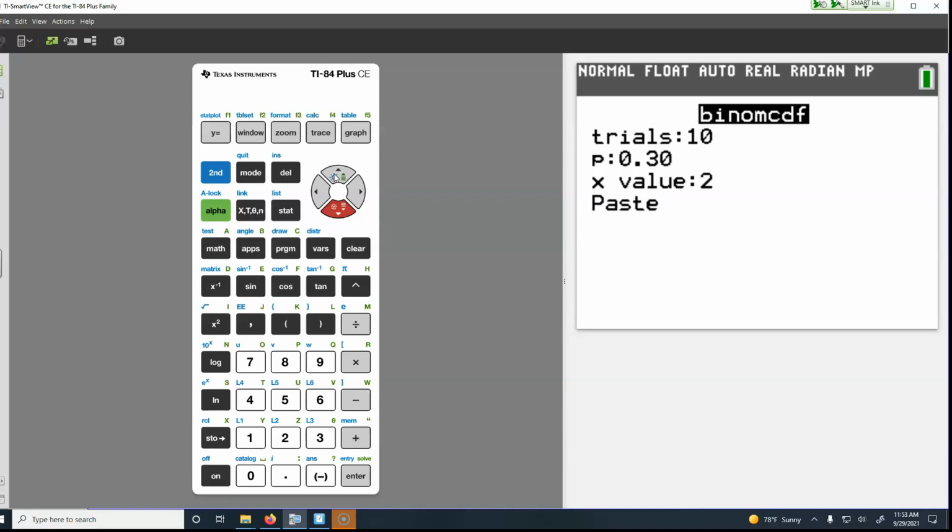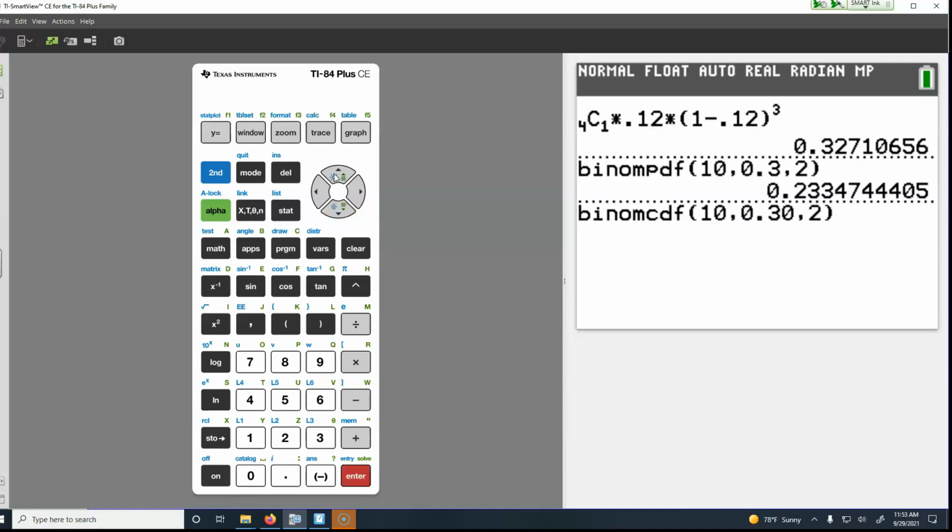So 10, 0.3, and 2 again. So you can see, they look the same, except this is the CDF. And the CDF should always be bigger than the PDF because the CDF is adding up multiple probabilities, right? So the probability that we would have 2 or fewer successes is 0.3828.